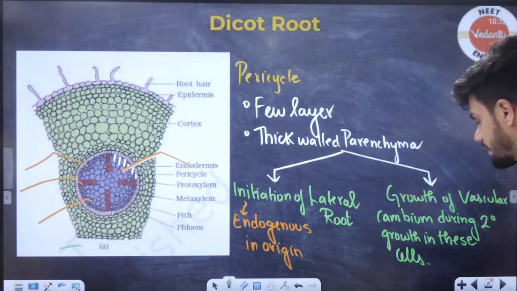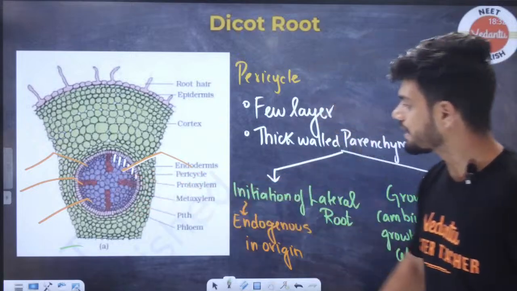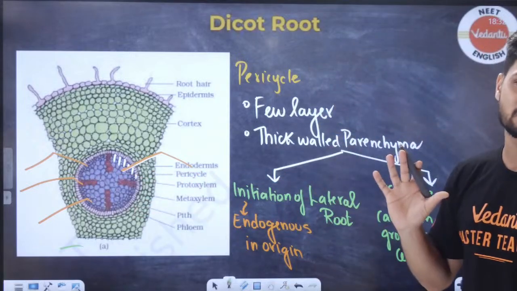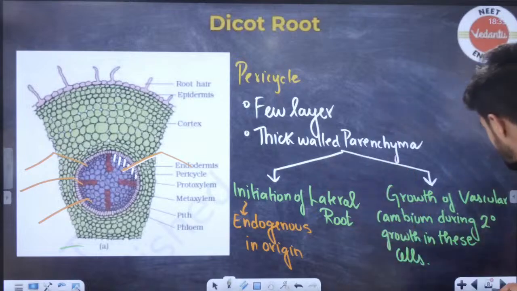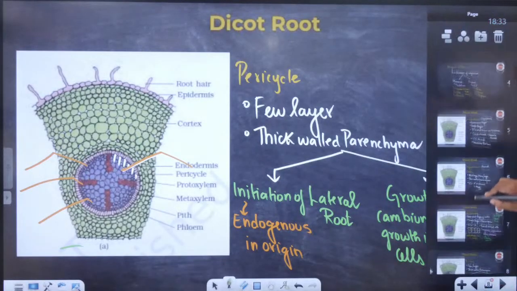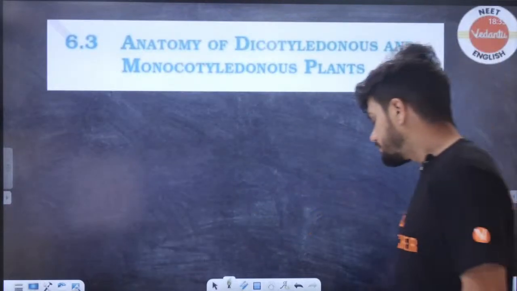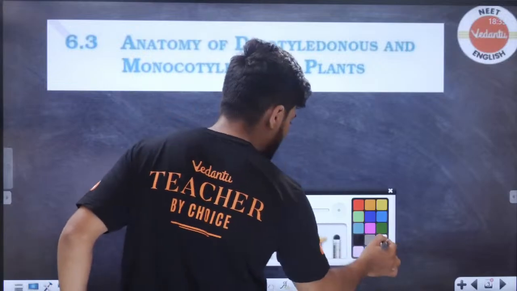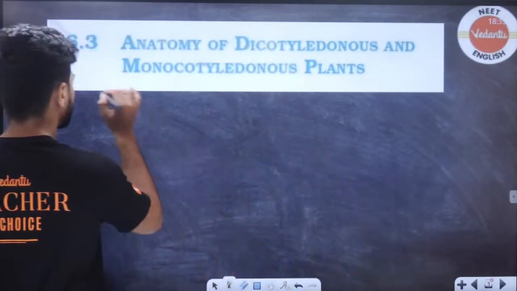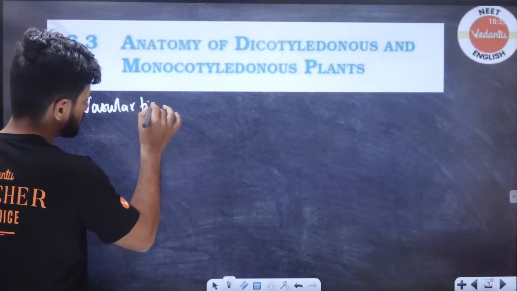Pericycle. Okay. Now, students, inner to the pericycle is the entire vascular bundles. How many of you know the function of vascular bundles, the different types of vascular bundles, the different types of vascular tissue systems?